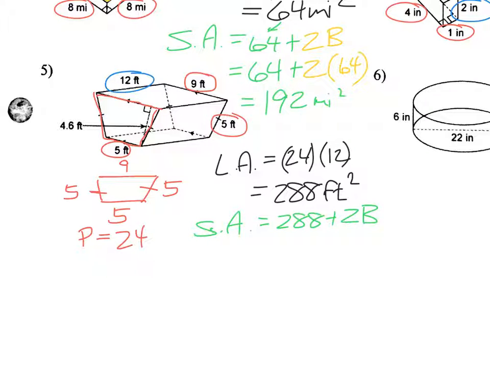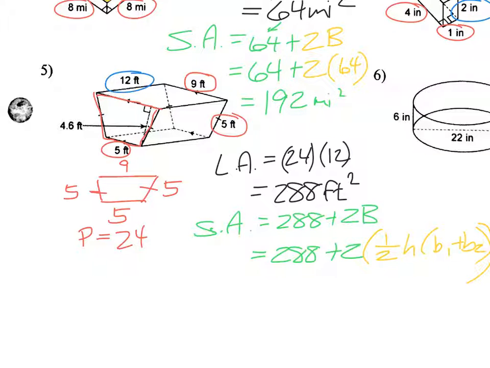Now for big B here, it's the area of a trapezoid. So got to go back to area of a trapezoid. Area of a trapezoid is 1/2 height times base 1 plus base 2. So that's why we did all of chapter 11 first.